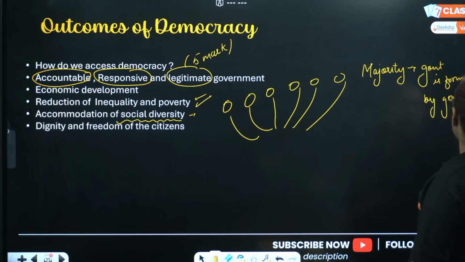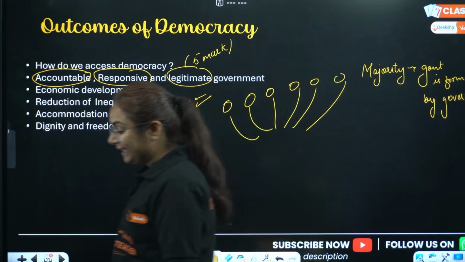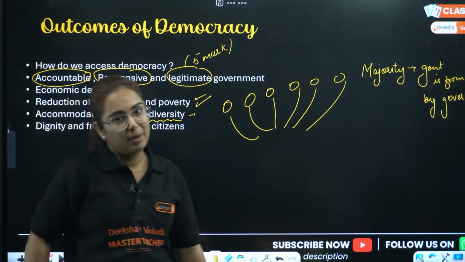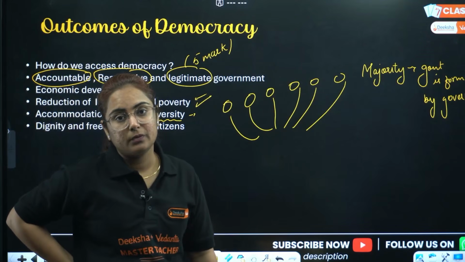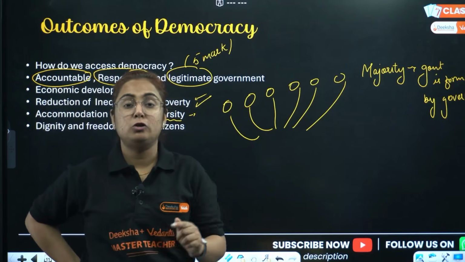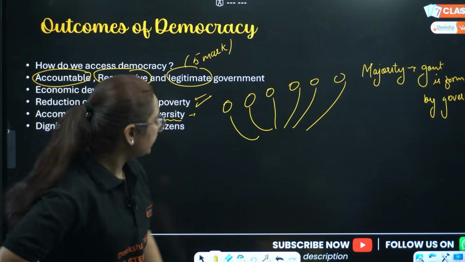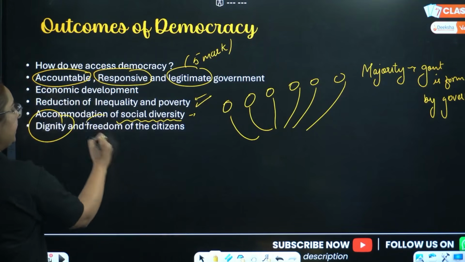Now in a nation where 80% of people belong to a certain community, it's very definite that the government will be formed by the majority. Then what? Then it should not only work for the majority. It should not be the government for the majority only.